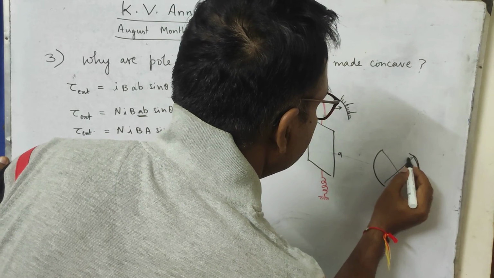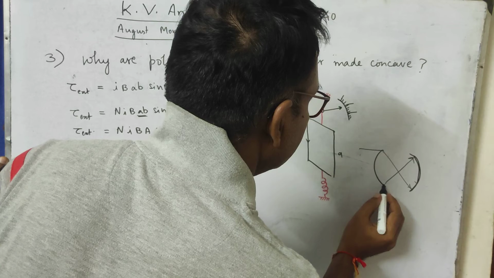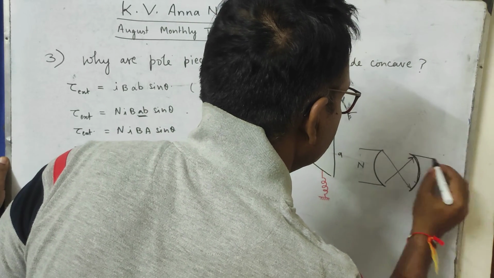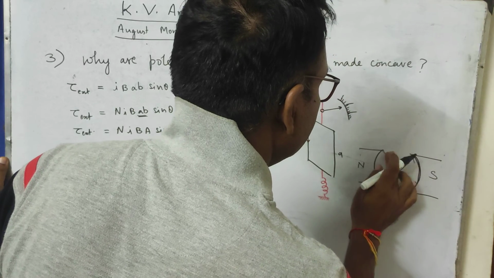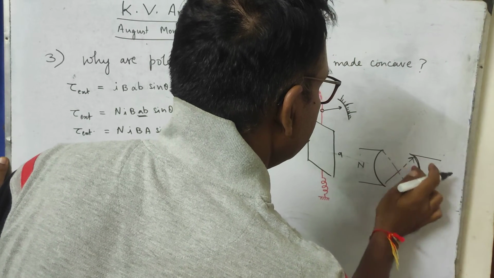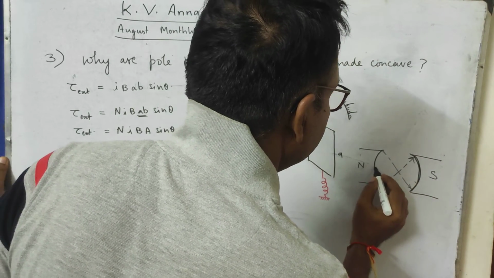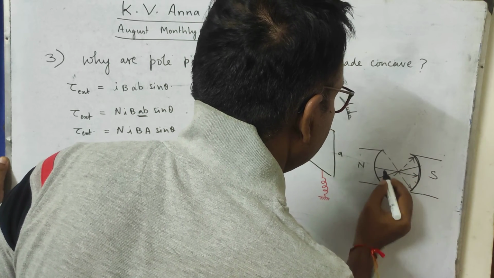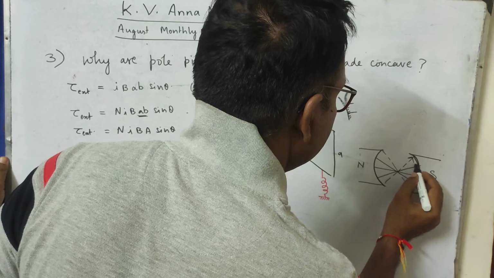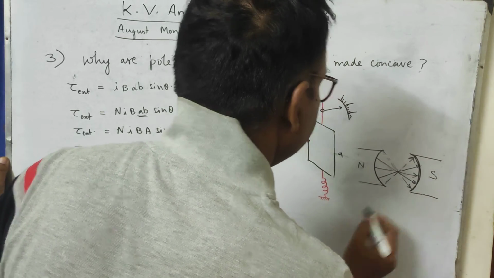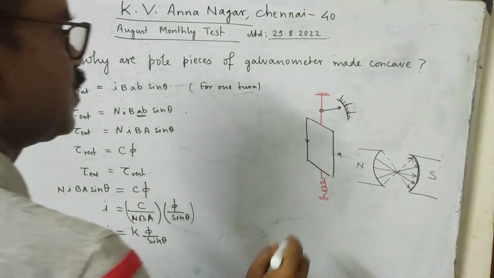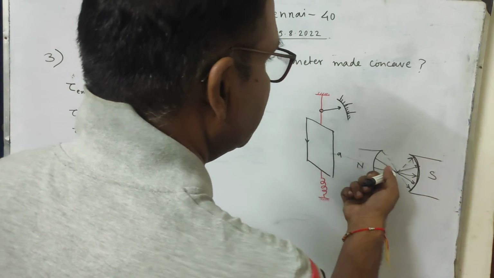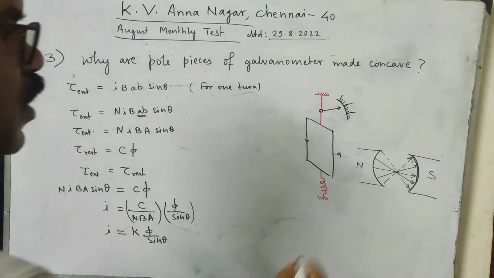Suppose this is your north pole and this is your south pole. So these are the fields, and the field will be radial, like this. Whenever the field is radial, the surface vector will be perpendicular to the field.